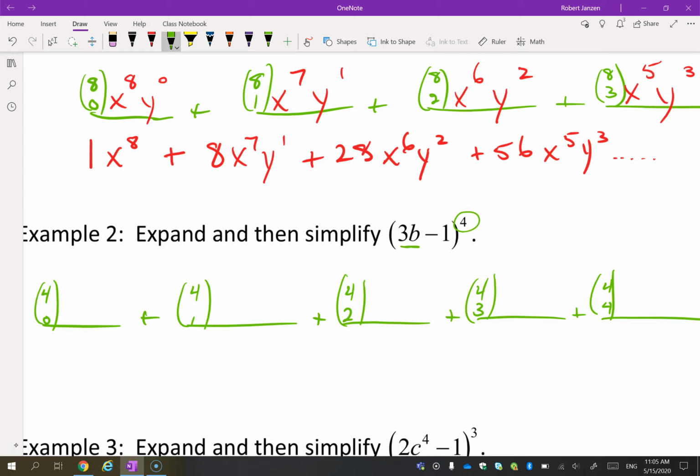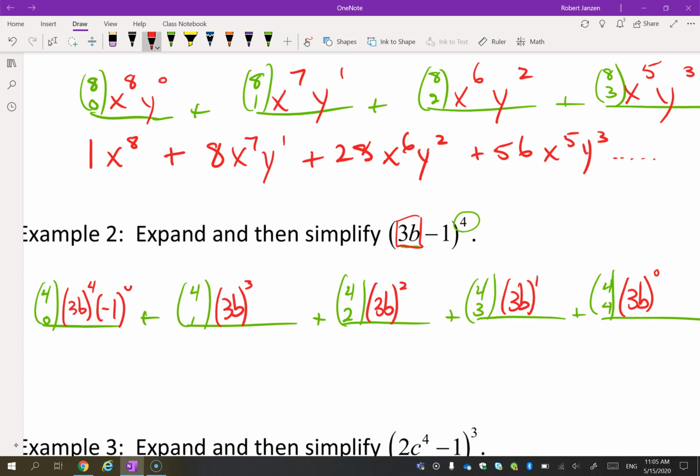We don't just have a variable here. You actually have a number and a variable. So let's put that in brackets. This is 3b to the power of 4. And then 3b to the power of 3, 3b to the power of 2, 3b to the power of 1, 3b to the power of 0. And similarly, you don't have a 1, you have a negative 1.